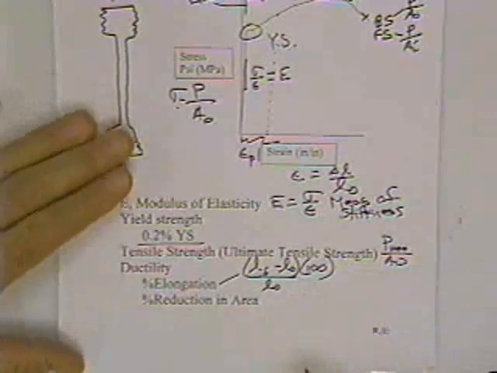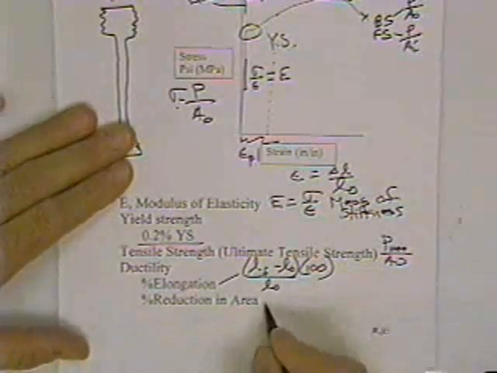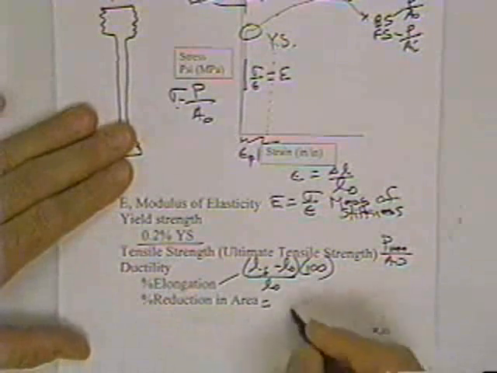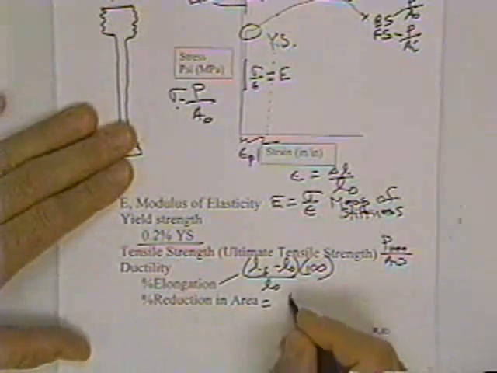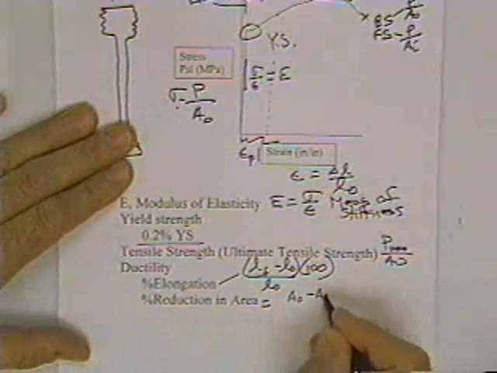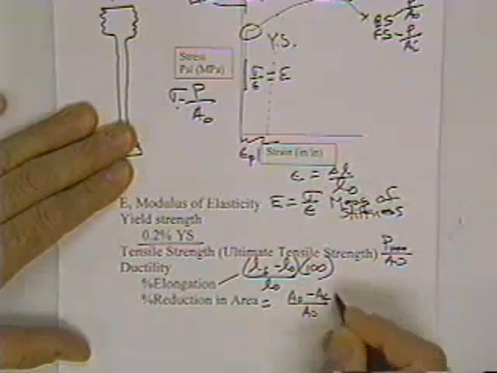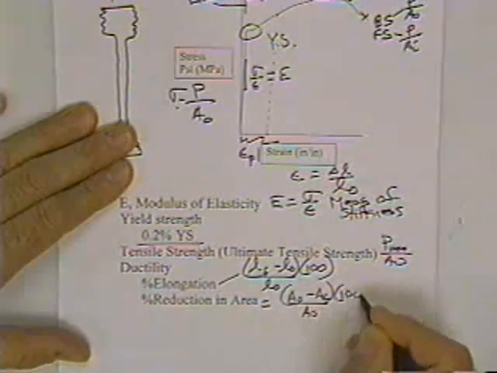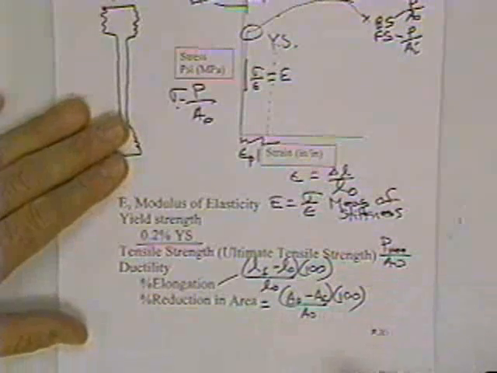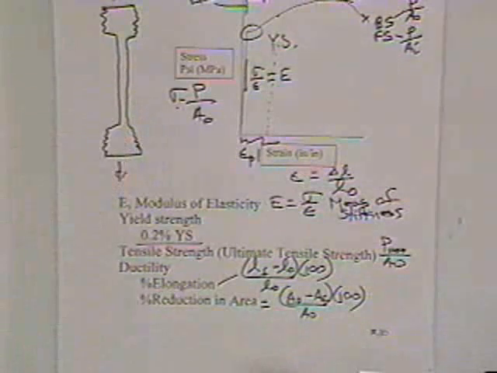And that's a good measure of uniform deformation. Another is the percent reduction in area. Percent reduction in area is A0 minus the final over A0, again times 100. And that's a good measure of the amount of localized deformation. So those are two measures of ductility.